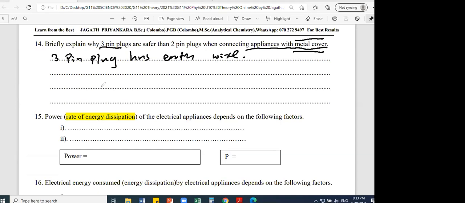When there's a leakage, the leakage current gets to earth through the earth wire but not through the consumer.